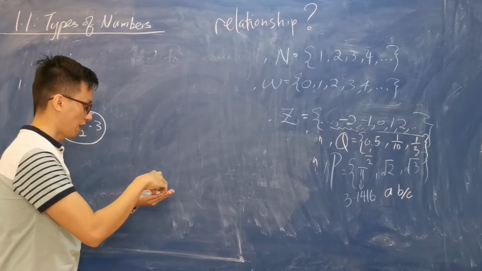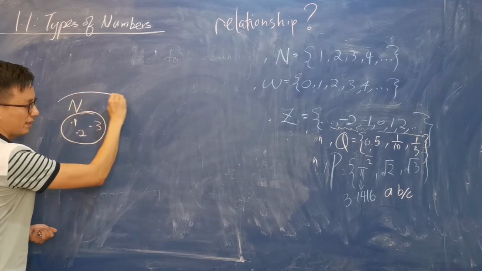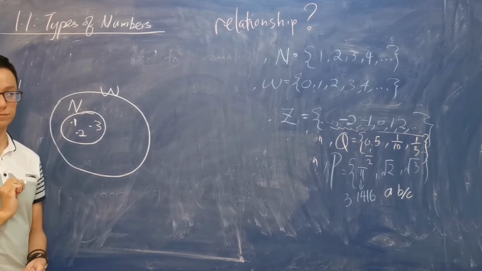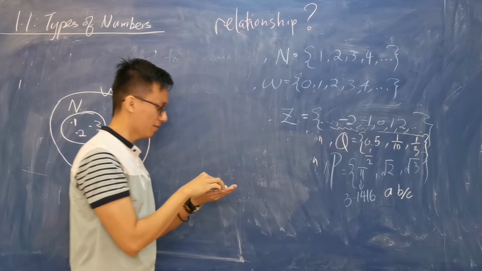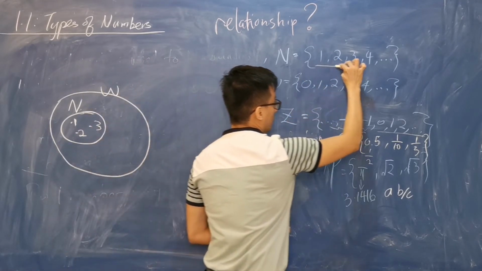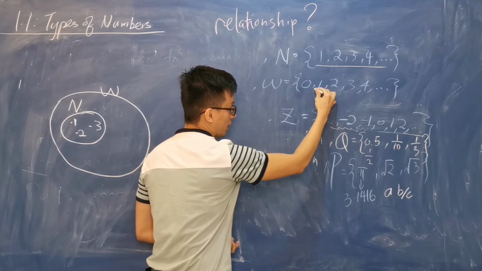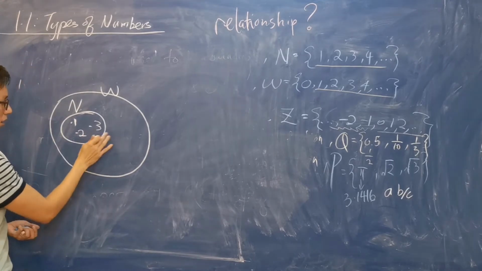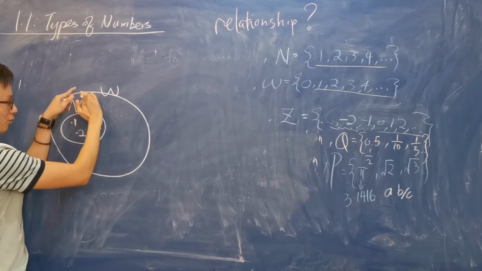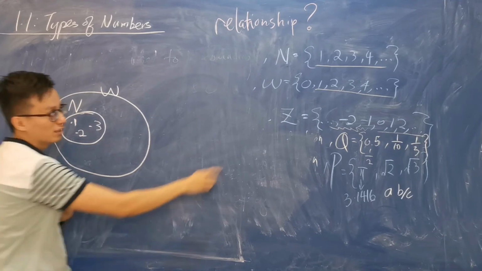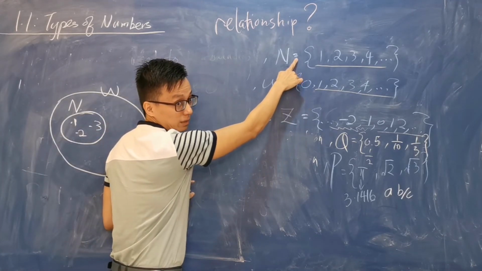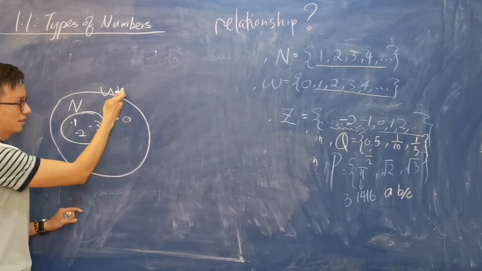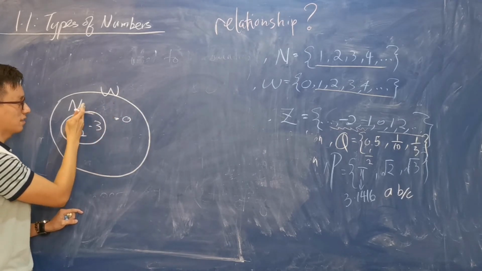After that, I would like to draw the Venn diagram for whole number. As you can see from the set here, all the natural numbers we will have in whole number. That's why all the natural number set we will draw inside the whole number set, but 0 isn't in the natural part. So we write the 0 in the set of W but outside the N.